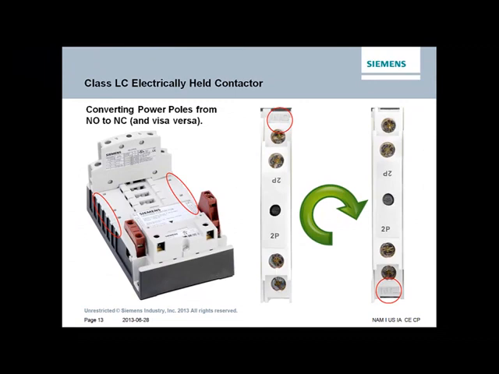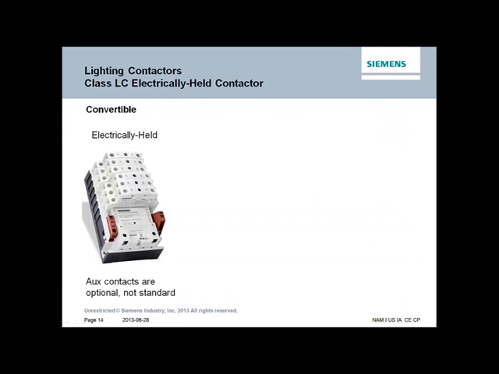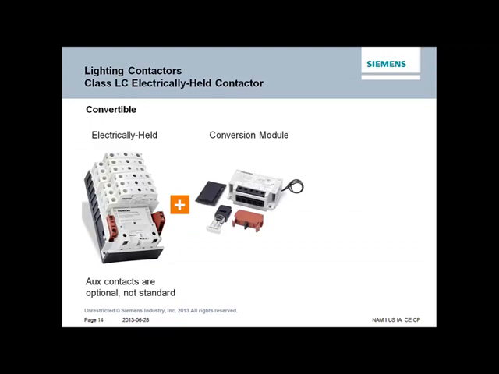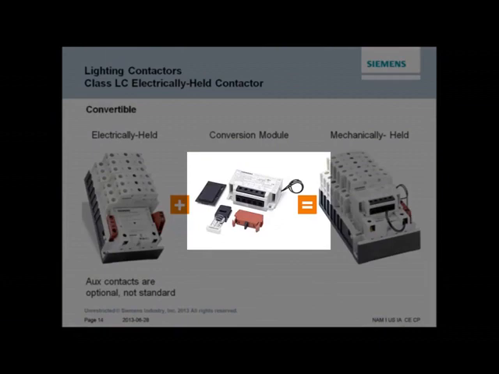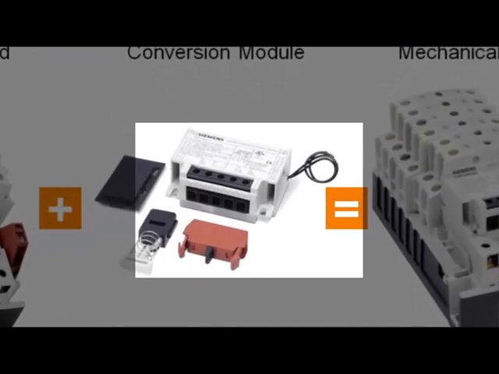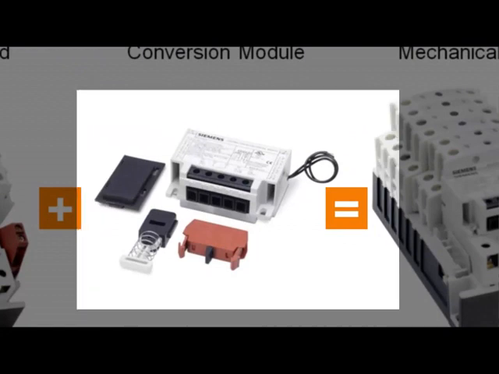Now the LC contactor is also convertible. The contactor, as shown, is the electrically held version, but it can be converted to mechanically held in 2 steps as follows. Step 1. We take the conversion module, which requires 2 screws, and then mount that onto the contactor. Step 2.